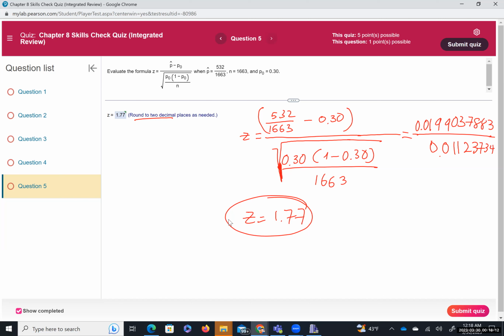And at the last step, you take the top and the bottom and get the result. At this last step, you can round to the requirement from the question, in this case, 2 decimal places.